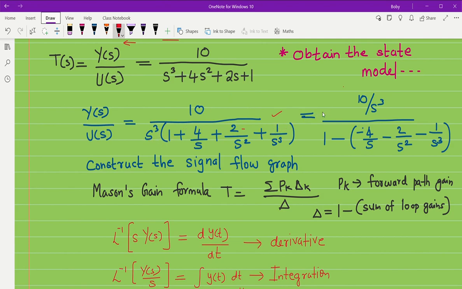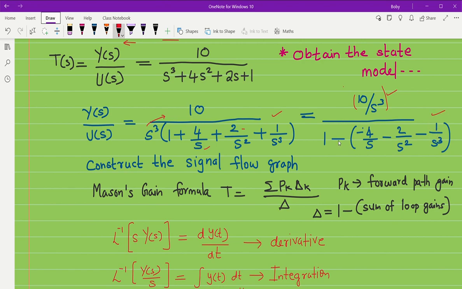After that, this s cube goes to the numerator, so it will become 10 by s cube. Okay, so s cube goes to the numerator, that becomes 10 by s cube. In the denominator, the remaining part, we are putting it in this way: 1 minus, and we are putting the other terms in a bracket. 1 minus 4 by s, minus 2 by s square, minus 1 by s cube.